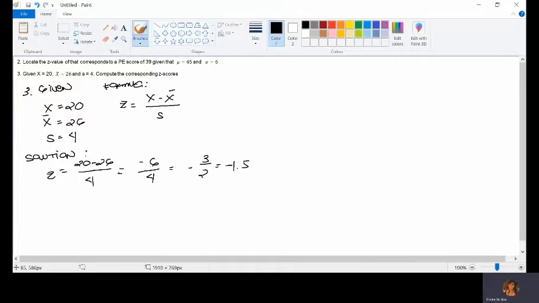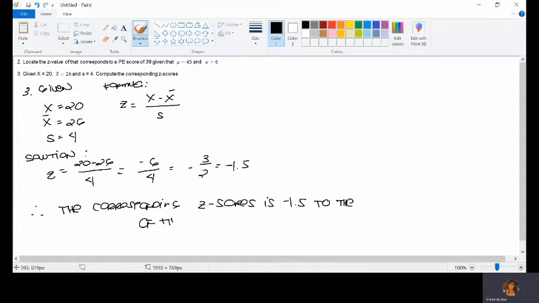So therefore, our conclusion, the corresponding z-score is negative 1.5, to the left of the mean. Okay, remember, to understand this better, you can practice drawing this into a normal curve.